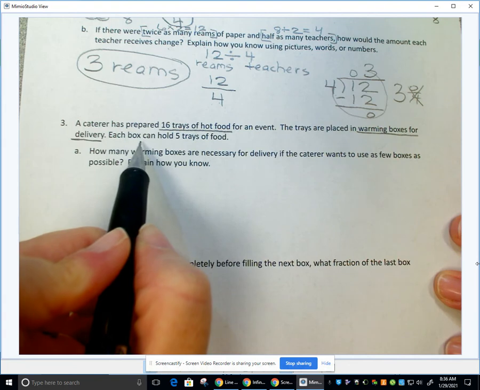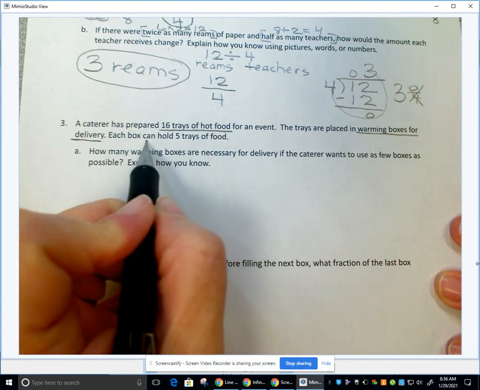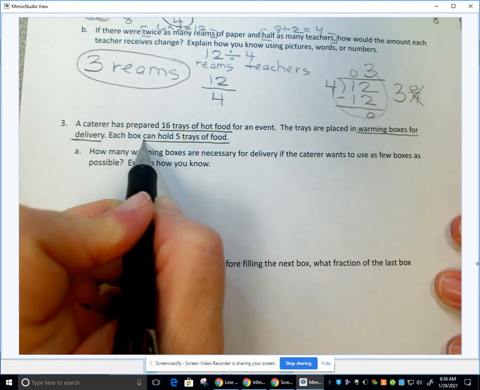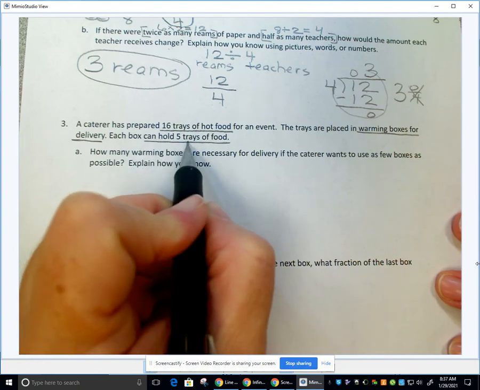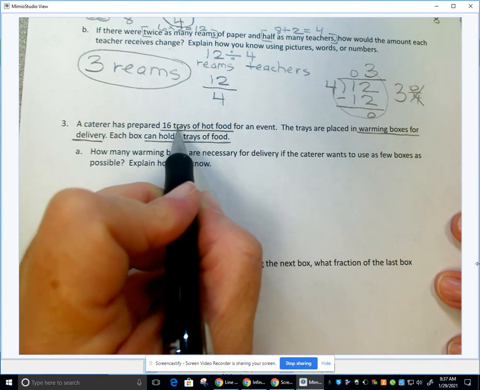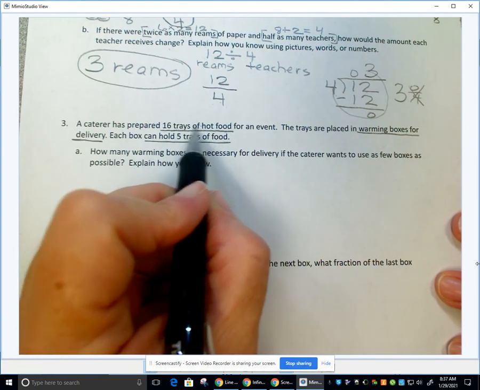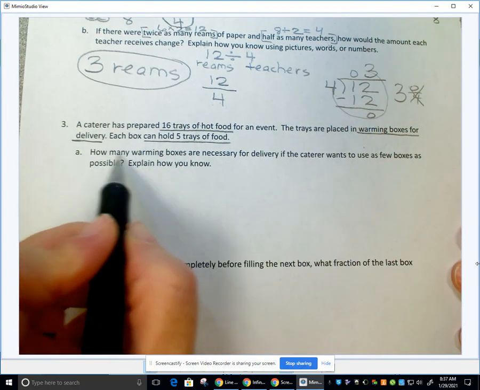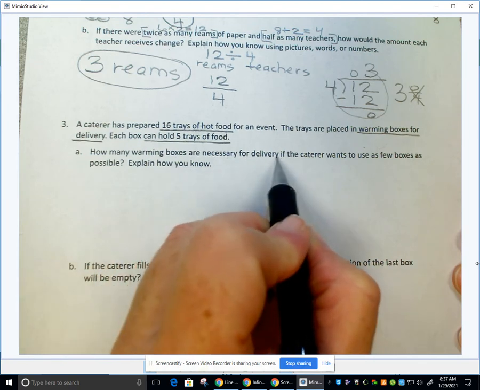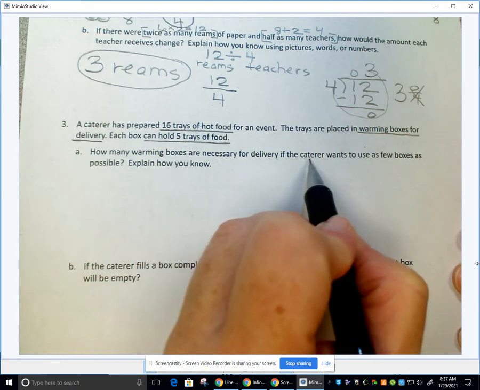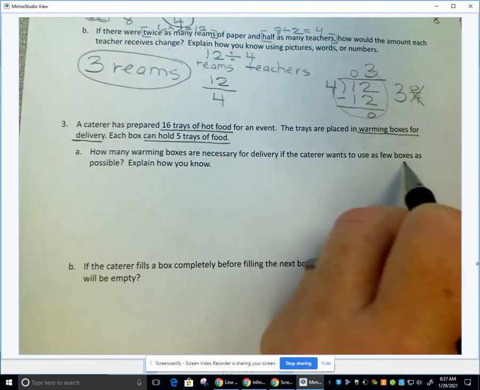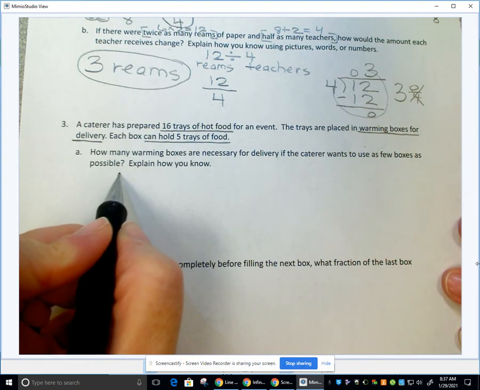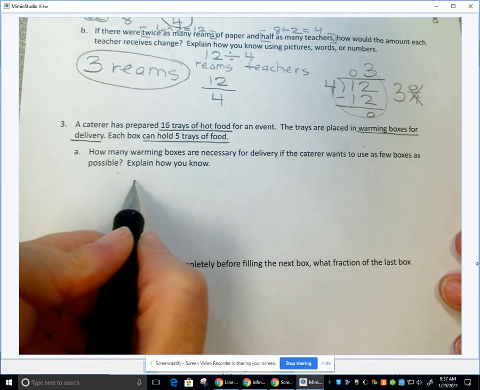Now it says each warming box can hold 5 trays of food. So evidently we can put the 16 trays in groups of 5 inside the warming boxes. It says how many warming boxes are necessary for delivery if the caterer wants to use as few boxes as possible. Probably limited with space in that van.